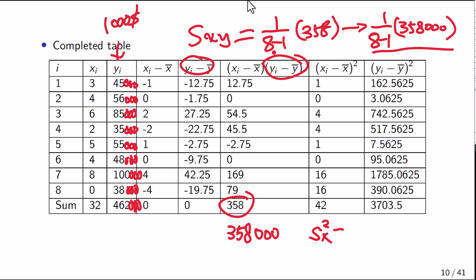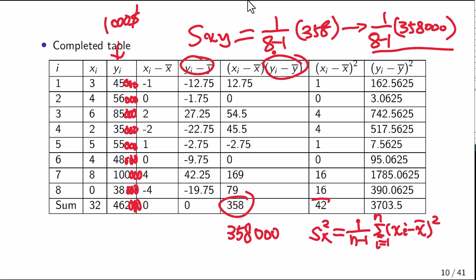Variance of x, this is the formula: 1 over n, sum of xi minus x bar squared, i goes from 1 to n. The same thing for y, you just replace x with y. You can see here we have xi minus x bar, and then you square it. Negative 1 squared is 1, 0 squared is 0, 2 squared is 4, negative 2 squared is 4, and so on: 1, 1, 0, 4, 16, negative 4 gives 16 also.